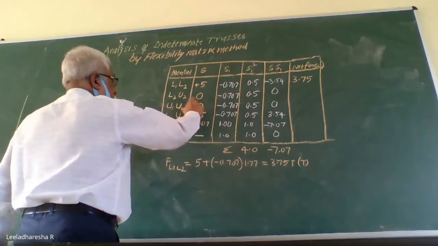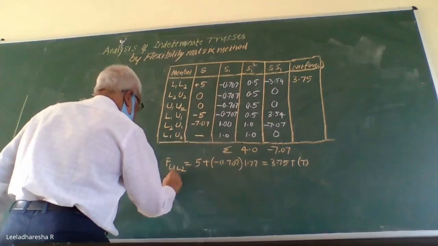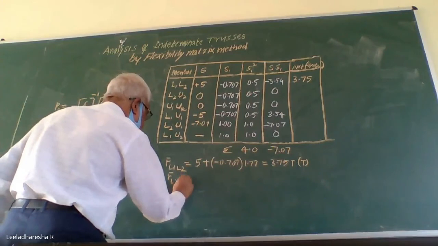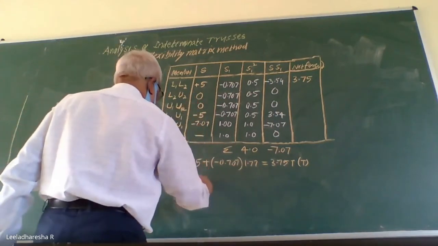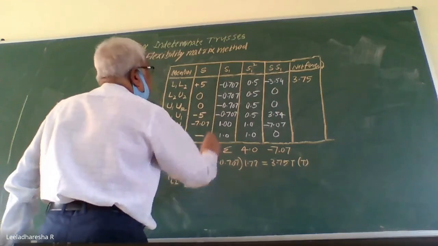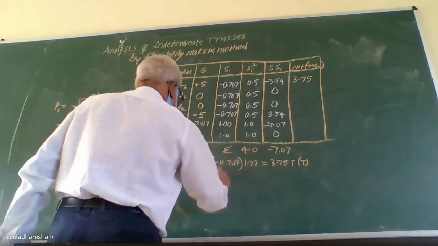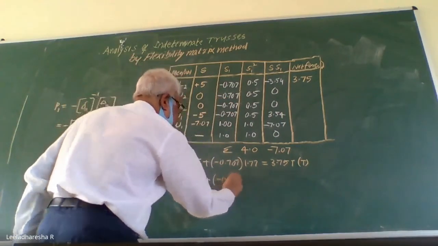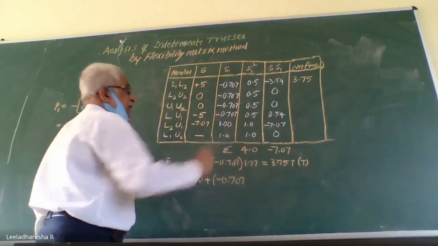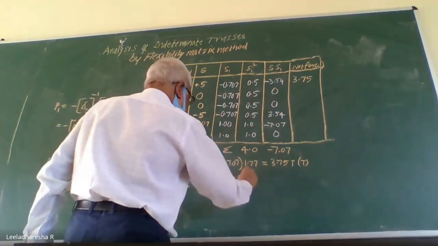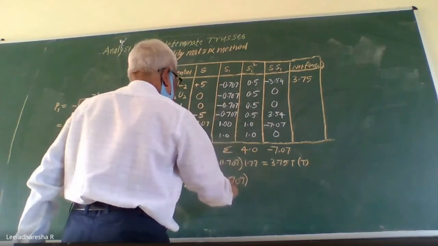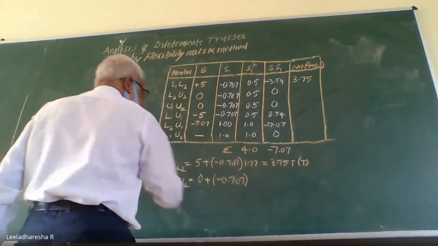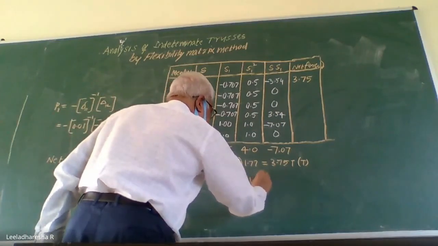For the next one, L2U2. S is 0 plus S1, which is minus 0.707, into 1.77.